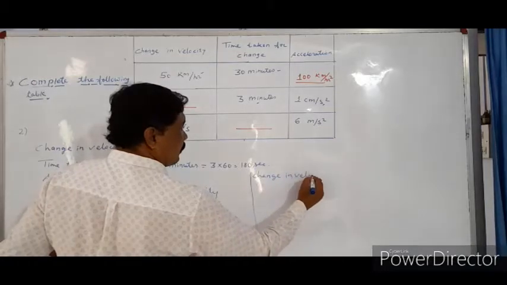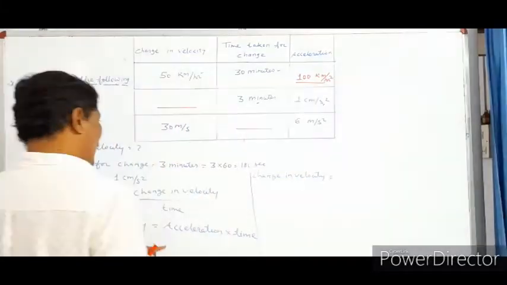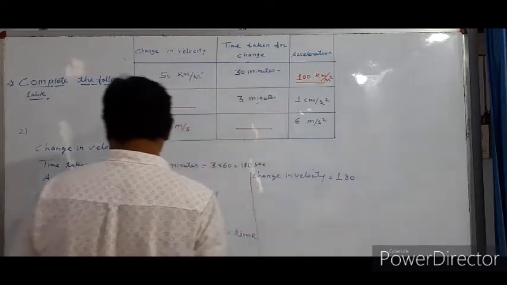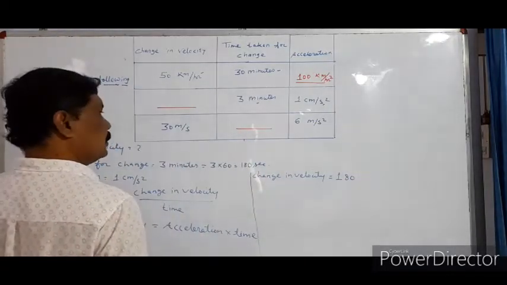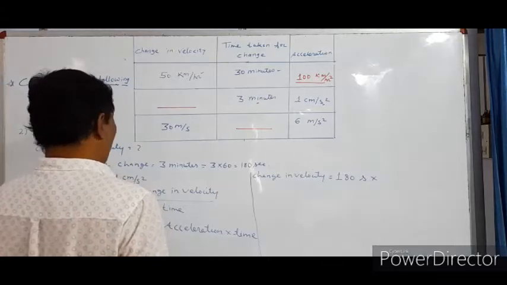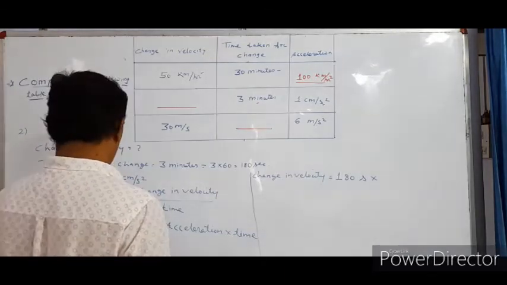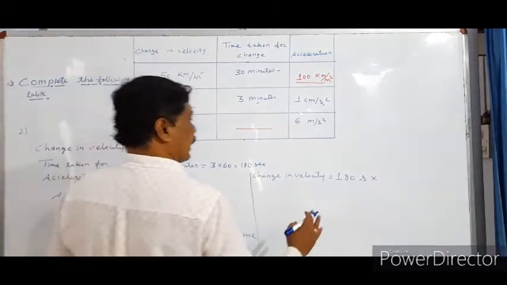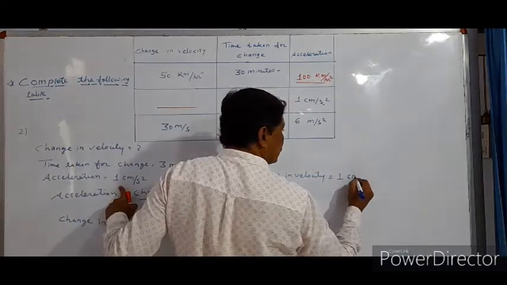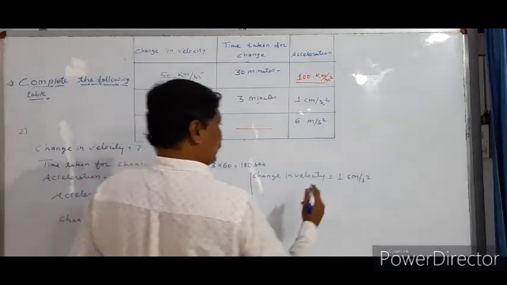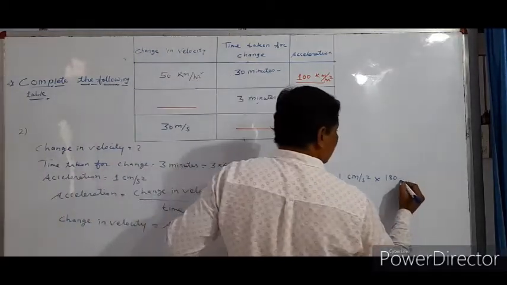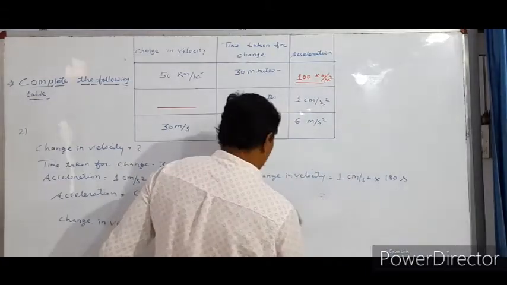Change in velocity is equal to acceleration, which is 1 centimeter per second square, into time, and time is given, 180 second. So we can simplify it in this way.